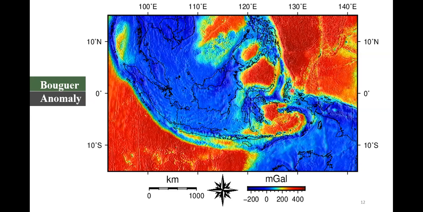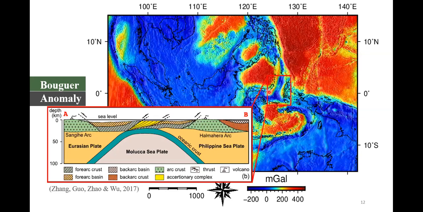However, there are some exceptions, and I want to call attention to the Molucca Sea, because as you can see, the Molucca Sea plate is an oceanic crust, so we might expect a positive gravity anomaly.